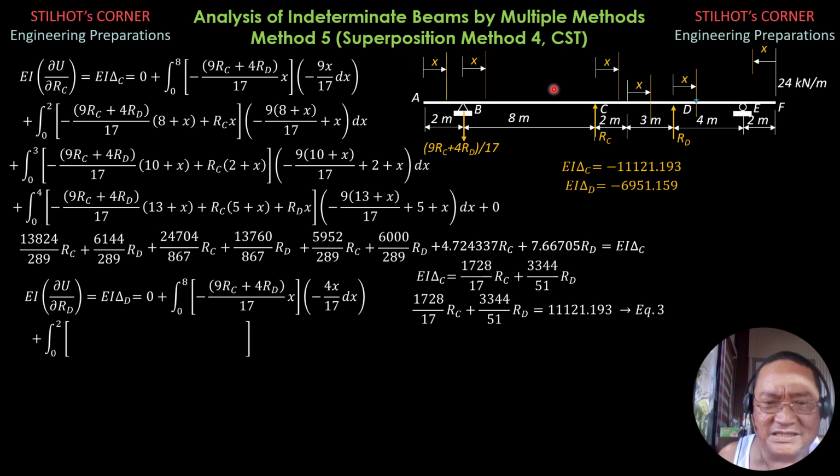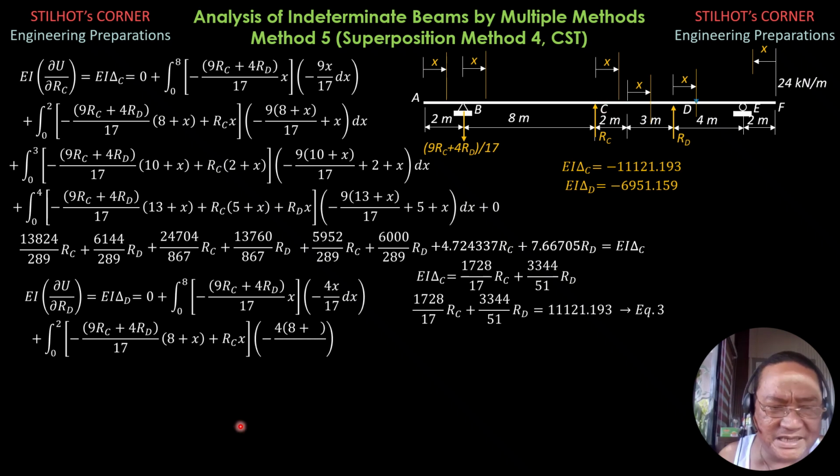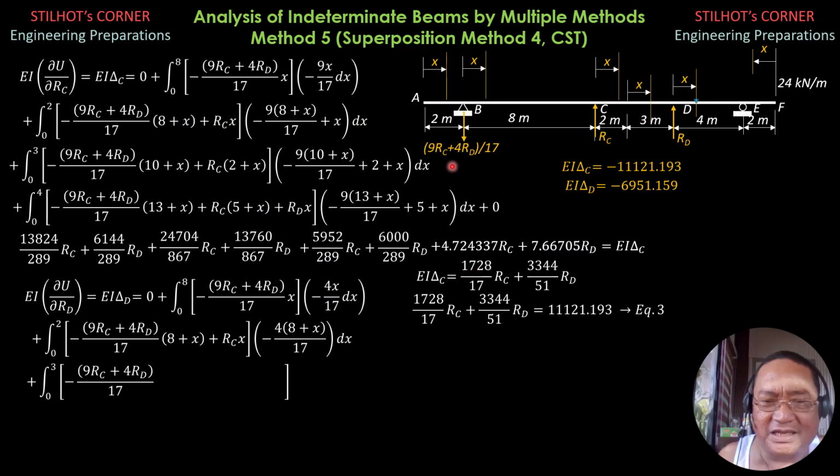Plus, in this next section, integral 0 to 2 of negative quantity 9 RC plus 4 RD over 17, quantity 8 plus X plus RC times X, then the partial derivative with respect to RD is that. Next, plus integral 0 to 3 of negative quantity 9 RC plus 4 RD over 17 times quantity 10 plus X plus RC times 2 plus X. Then the partial derivative of that moment equation with respect to RC is that value.